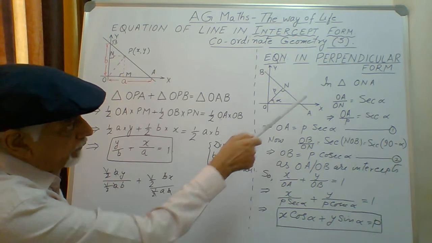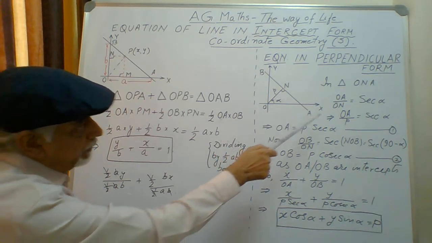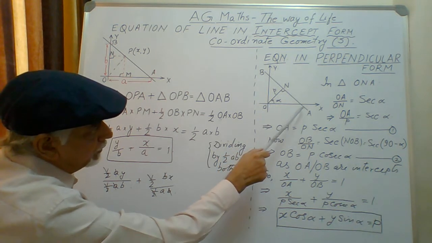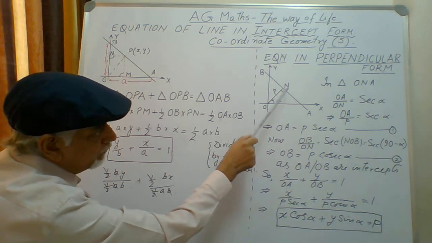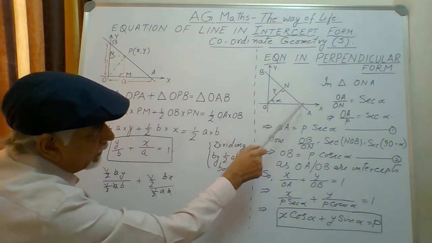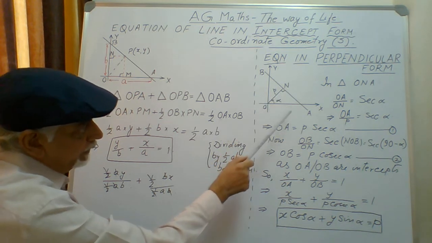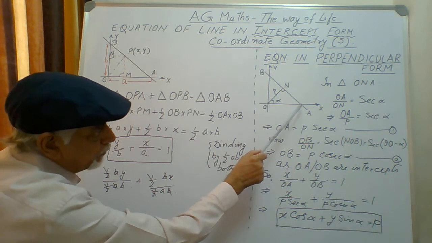Now we see in the triangle ONA, we can write OA by ON. OA is the hypotenuse, ON is the perpendicular, AN is the base of this right angle triangle. In triangle ONA, this is 90 degree. So this is treated as base, this is perpendicular and this is hypotenuse.